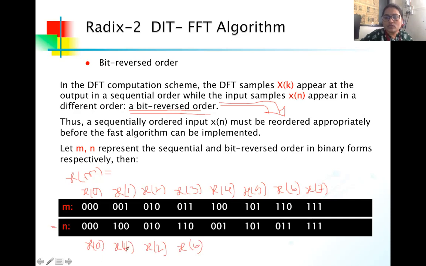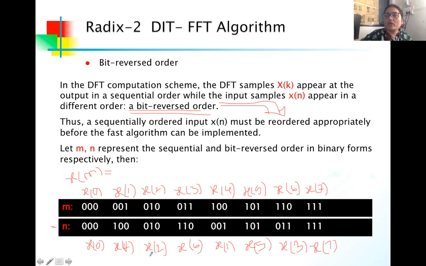So this is x0, x4, x2, x6, then x1, x5, x3, and x7. In this way, the entire order is reordered, so that we can give this input to the algorithm and then it will calculate the output.